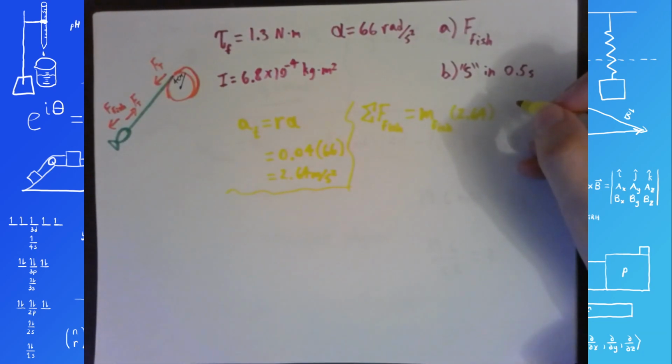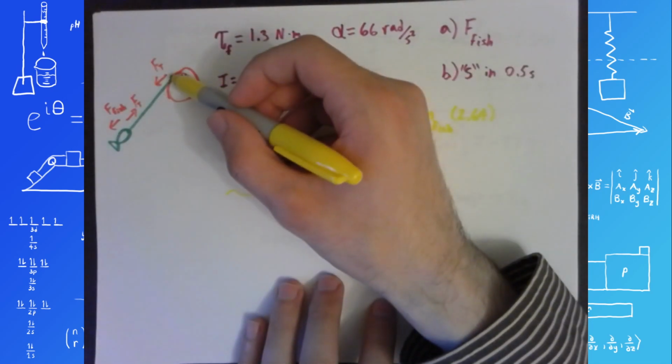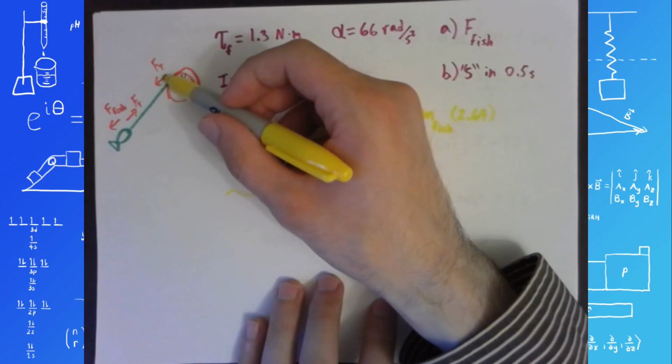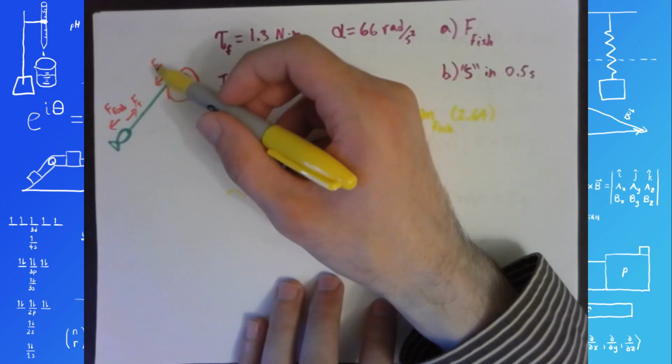Actually, wait. No, I am overthinking it, because the force that the fish exerts on the reel is the tension force, and then the reel exerts an equal amount of tension force on the fish.